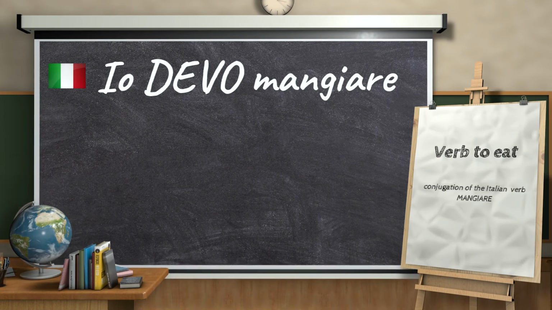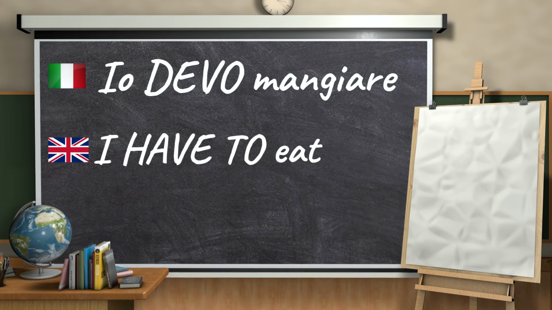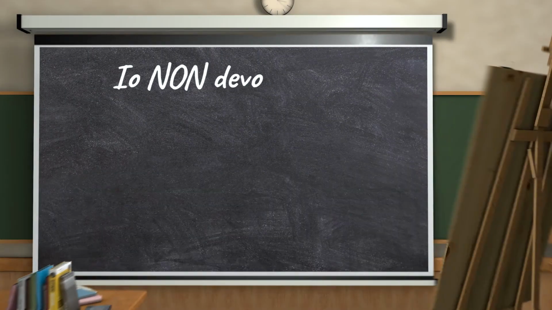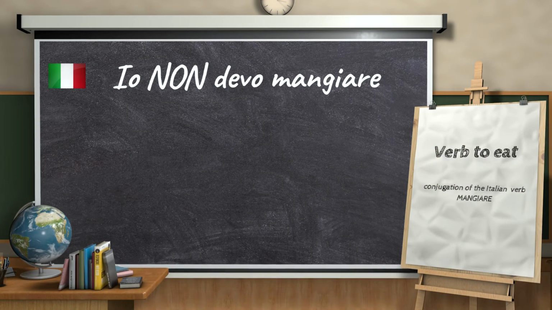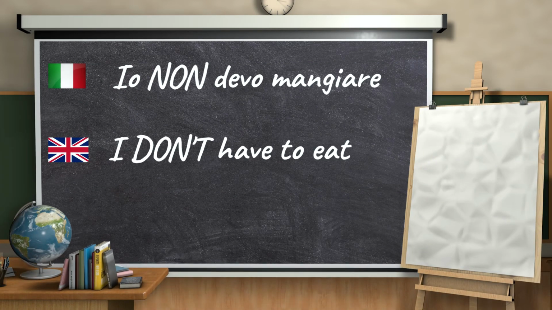Io devo mangiare. I have to eat. Of course, as I showed you in this very video, the particle non, the negation in Italian, transforms the sentence into its negative form. Io non devo mangiare. I don't have to eat.